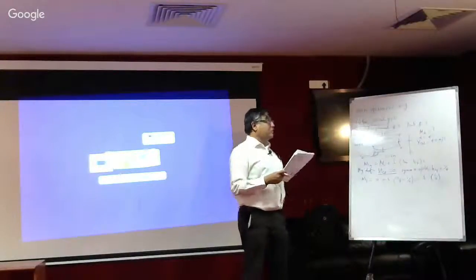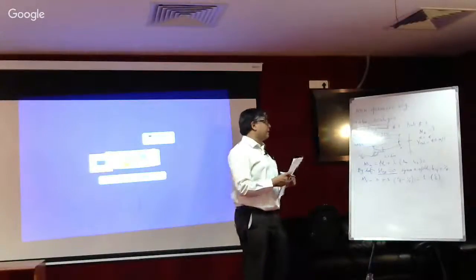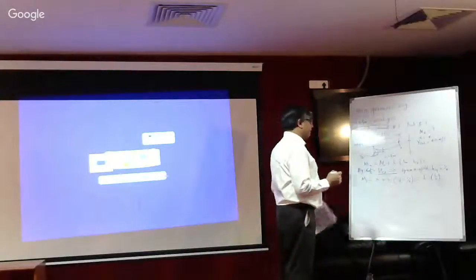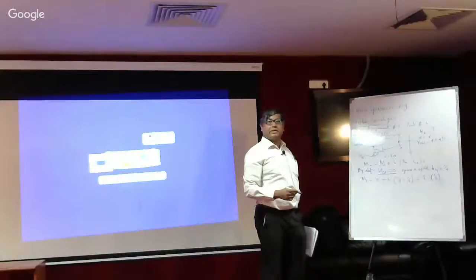So chord length is known. What we need to do now is find out what the lift is going to be. And we know that the expression for lift is given by, should I go to the top actually? It's easier for you to read that.